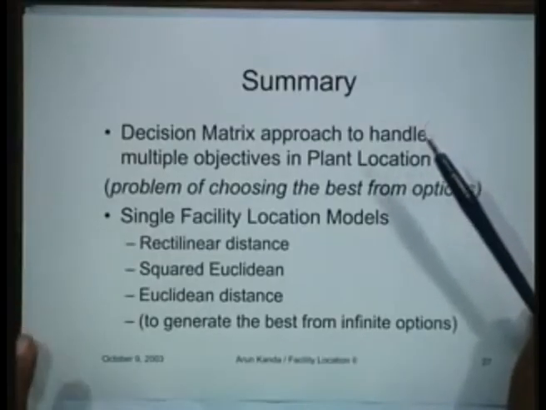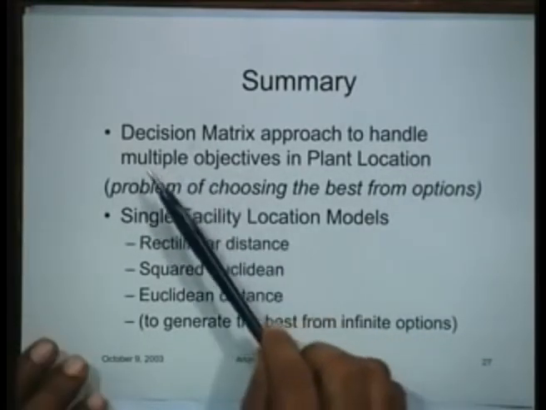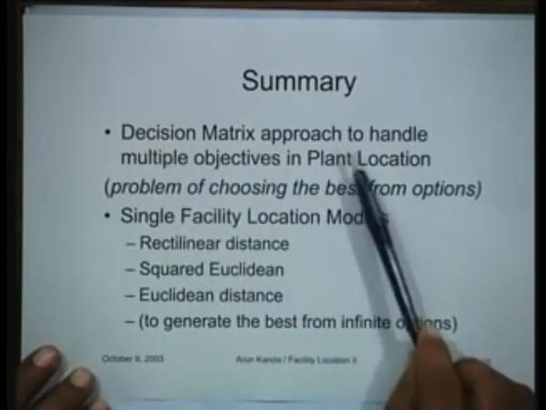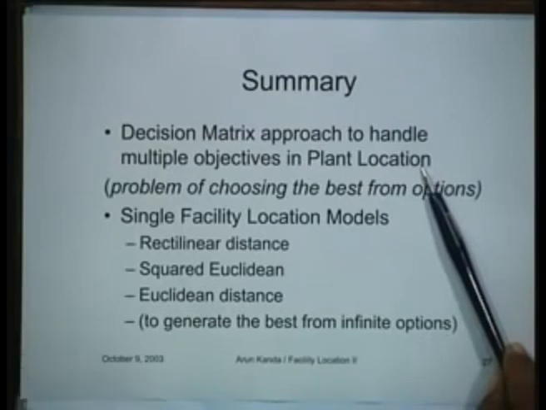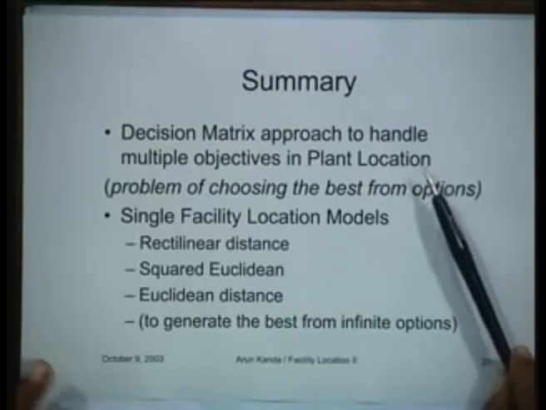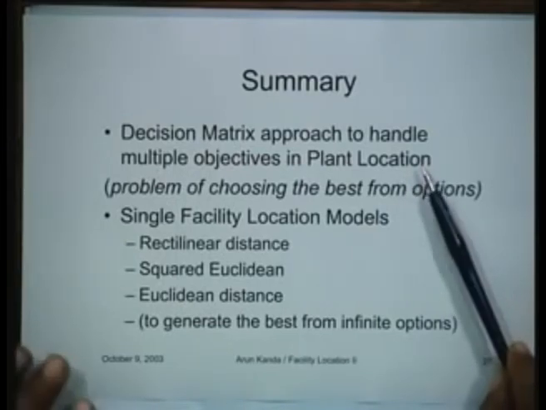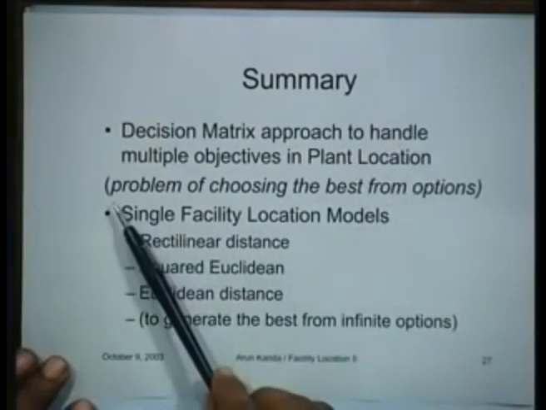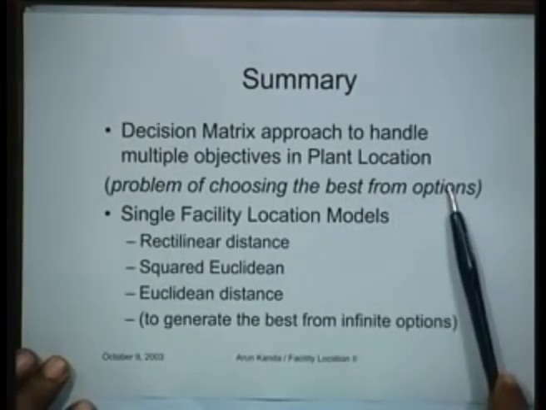Finally, let us see what we have done in this particular lecture. The main thing when we started was to look at a practical problem, a case study, and we saw that a decision matrix approach to handle multiple objectives in plant location was a very worthwhile approach to consider all the objectives and consider the feasible solutions. Basically this problem could be termed as a problem of choosing the best from amongst options. That is what it all was.